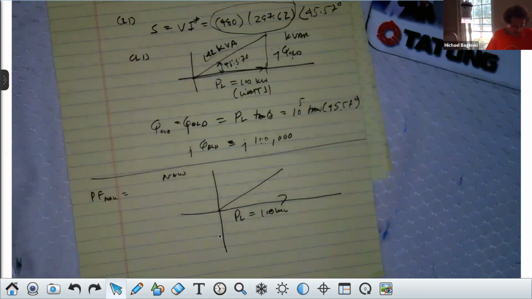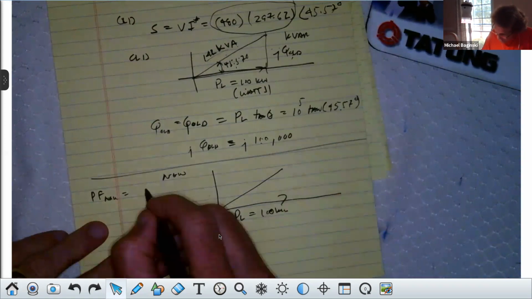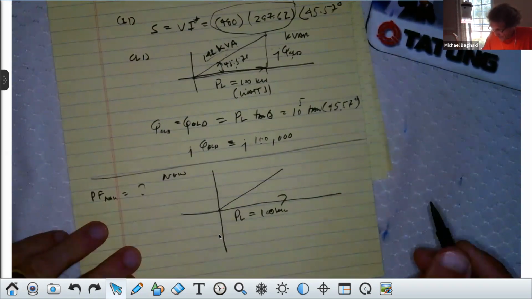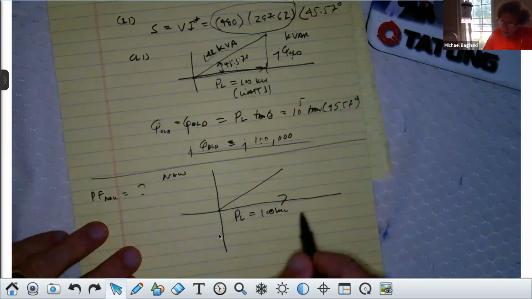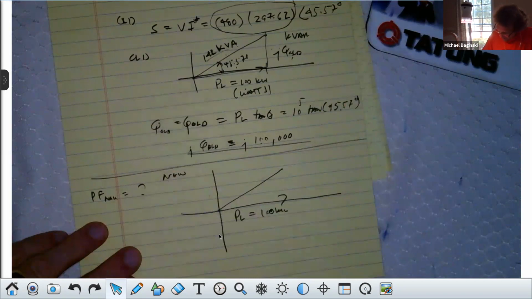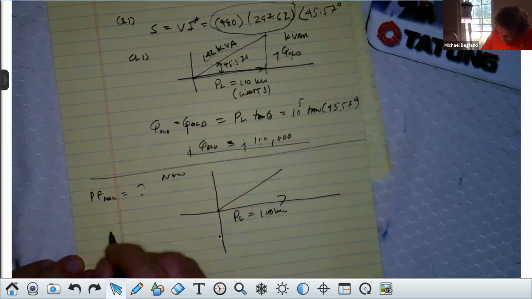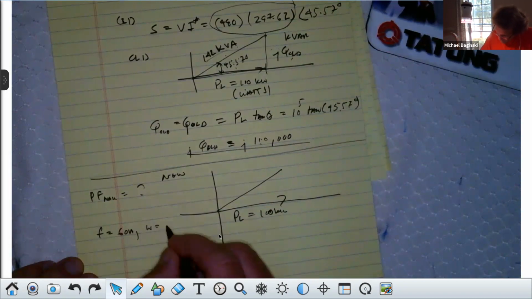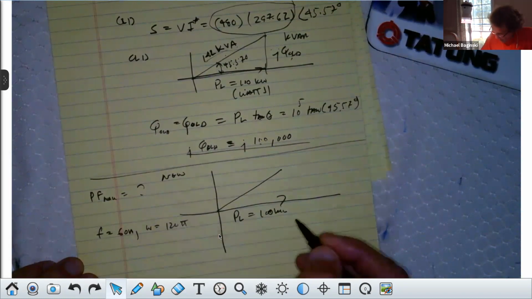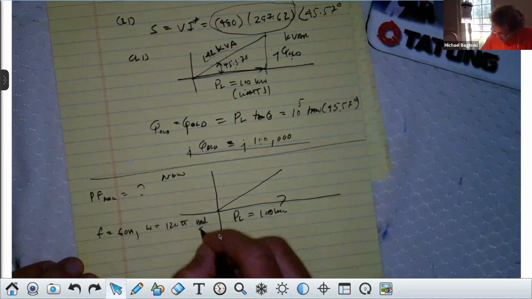I'm sorry, we got to calculate the new power factor with a 500 microfarad capacitor. So we're actually going to calculate this new power factor. So what we have to do is calculate, this is the old value of the reactive power. Now we're going to find the reactive power associated with that capacitor and add it in. Well, the frequency was 60 hertz, right? That means omega was 120 pi radians per second, right?